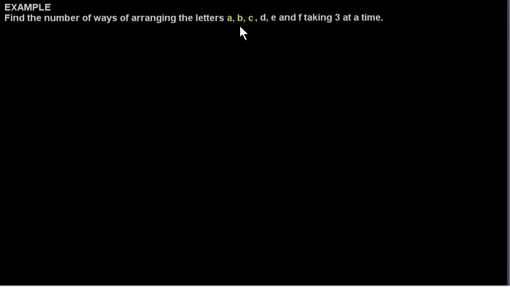Let's find a number of ways of arranging the letters A, B, C, D, E, and F, taking 3 of them at a time. So how many letters have we here? We have 1, 2, 3, 4, 5, 6. 6 letters. So we have 6 ways to choose the first letter. After we've chosen one of these 6 letters, there are 5 remaining. So we have 5 ways to choose the second letter.